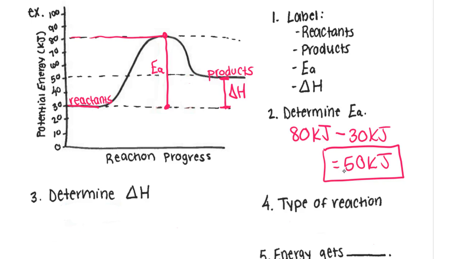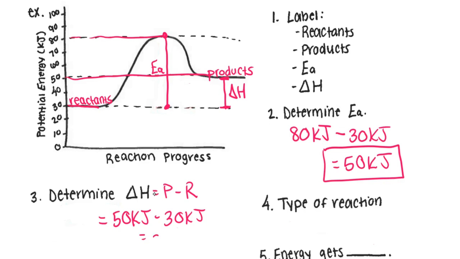Next, calculate delta H. Well, delta H is going to be equal to products minus reactants. Energy of the products is 50 kilojoules. Energy of the reactants is 30 kilojoules. So delta H would be 20 kilojoules.